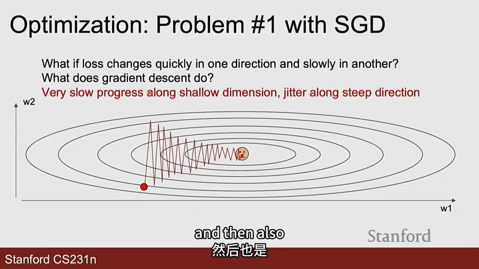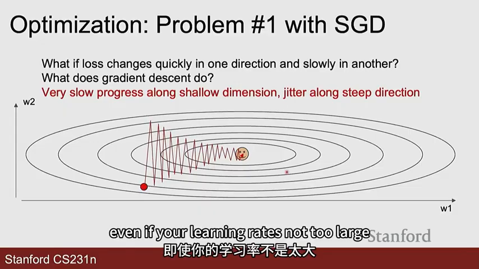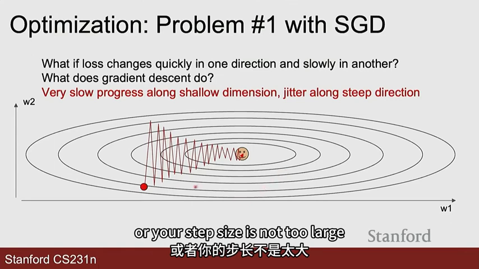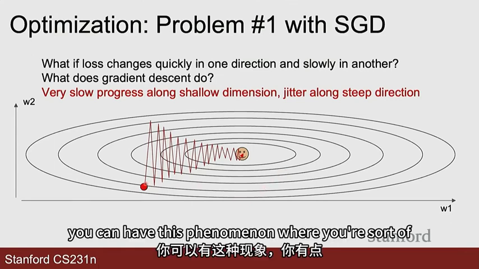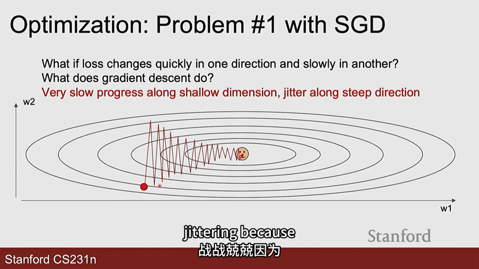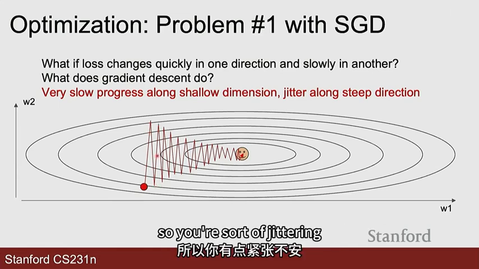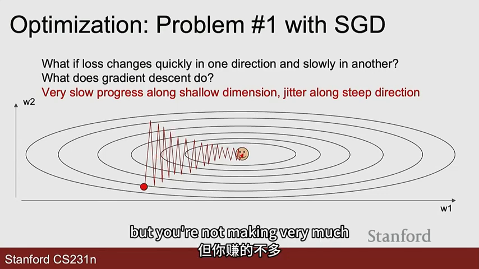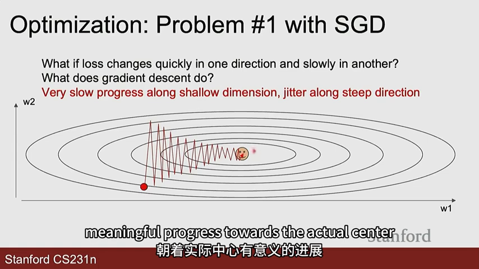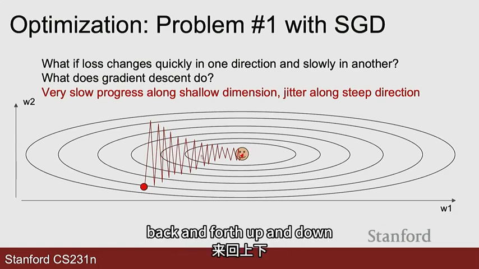And then also, even if your learning rate or step size is not too large, you can have this phenomenon where you're jittering because the gradient is much larger in the steep direction. You're jittering, but not making very much meaningful progress towards the actual center, because you're spending all this time oscillating back and forth, up and down.